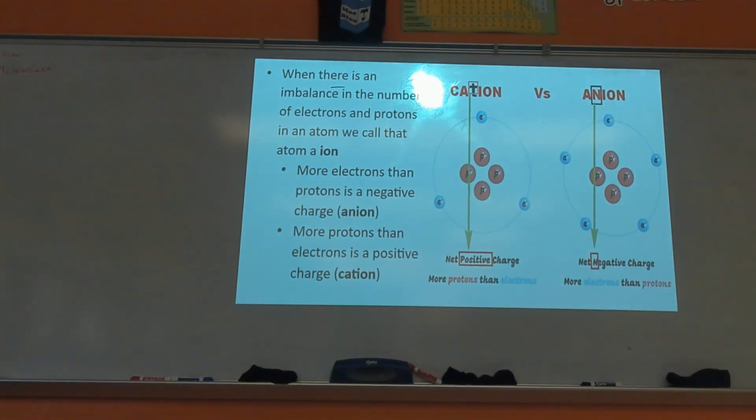Everybody find it, it's about the middle of the packet. I would pull up the slide deck on your computer, that way, if I'm going a little too fast for you, you can still keep track. So flip till you get to the ions.